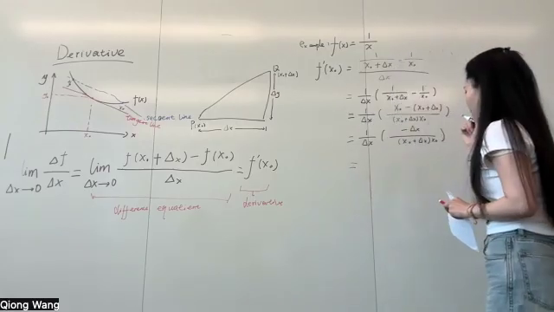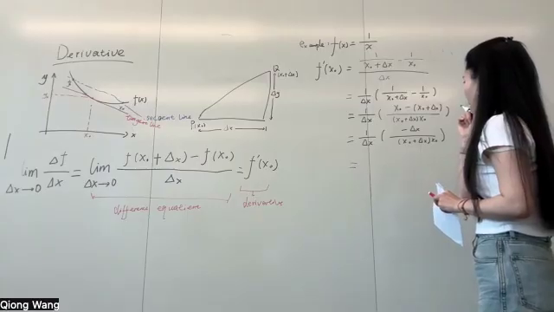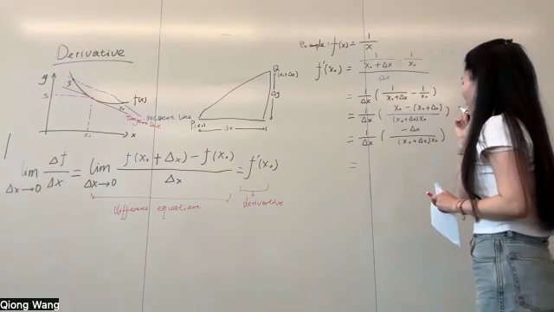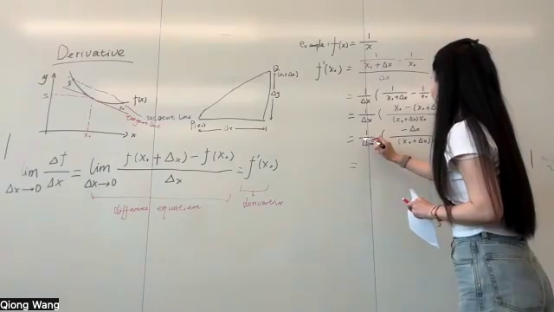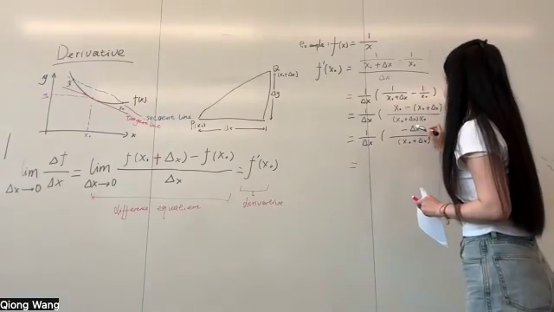And we can use the isolation expression to remove the delta x from 0.